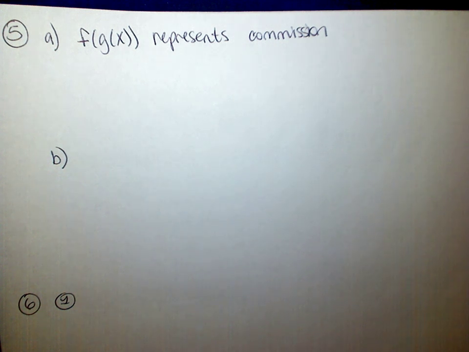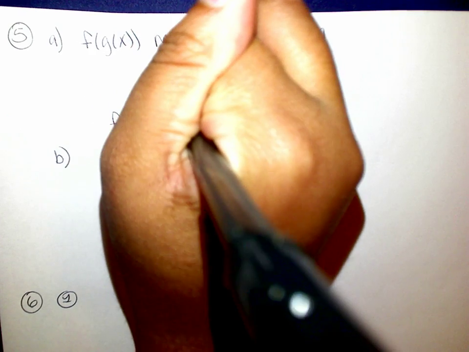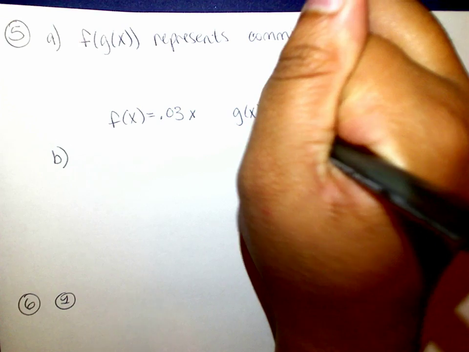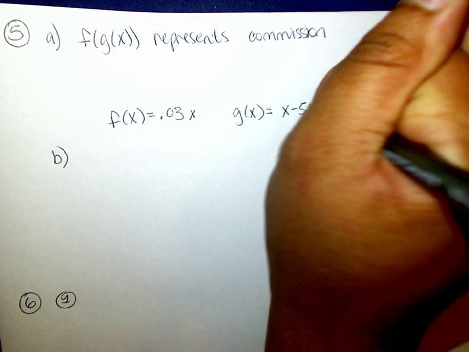Alright, in question B it says write the function that represents the commission. So now we're actually going to have to perform the composition. f of x equals 0.03x and g of x equals x minus 5,000.